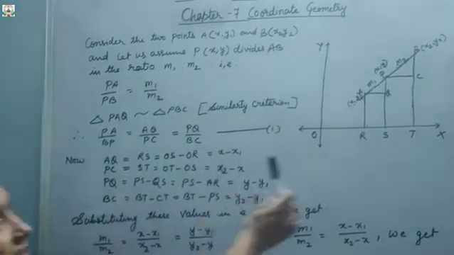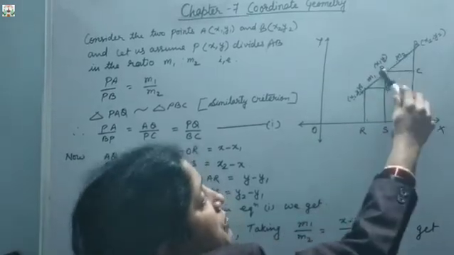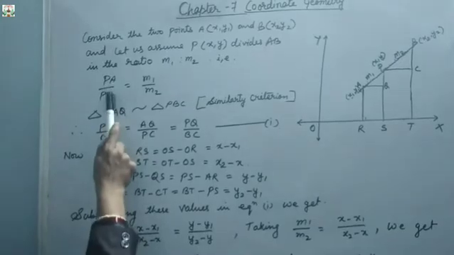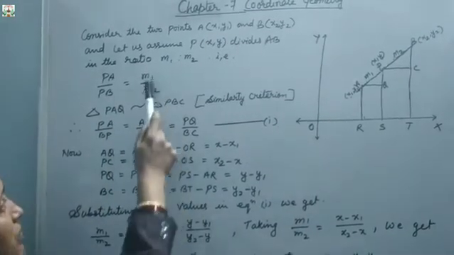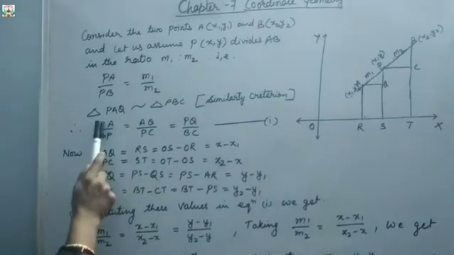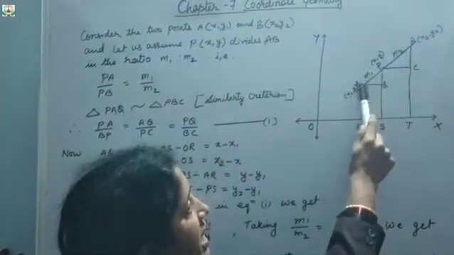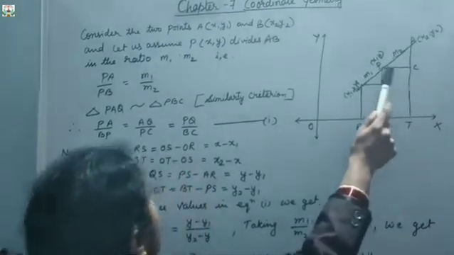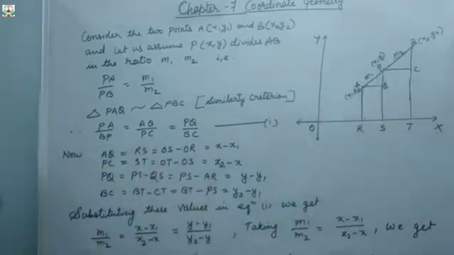That is, the distance of PA will be m1 and the distance of PB will be m2. That is why PA upon PB equals m1 upon m2. Now, we know that these two triangles, triangle PAQ and triangle BPC, are similar triangles.